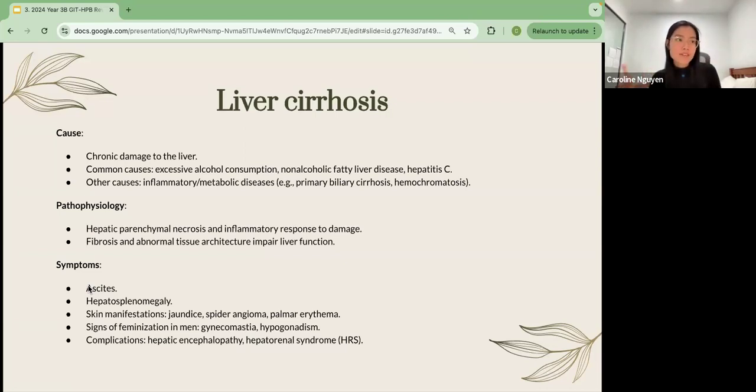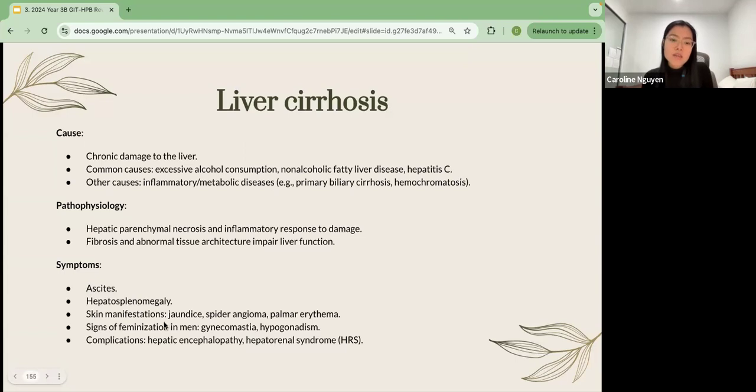If we link cirrhosis back to peritonitis, then the water that's stuck in the peritoneum can get infected, and then that can cause peritonism symptoms. Hepatosplenomegaly, so with the liver damage, a lot of the blood cells go back into the spleen, as well as an inflamed liver is going to swell.